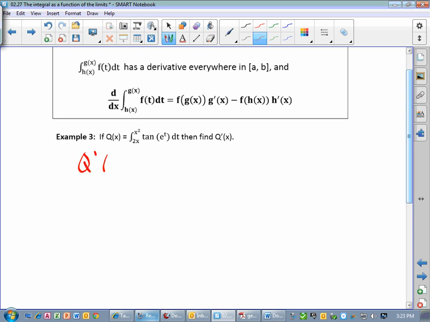So q prime of x equals, now notice where the t is, that's e to the t, that's the only variable in this expression, right? If we had a whole bunch of variables, we'd replace every single t with x squared.